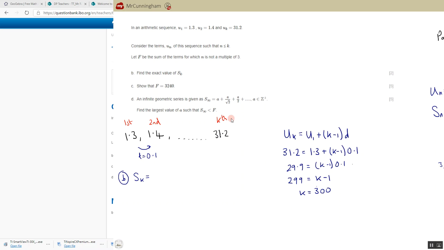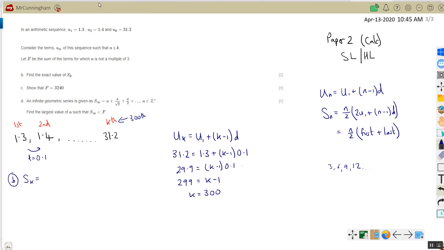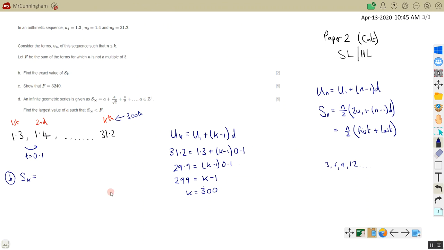So this is the 300th term, okay? First term, second term, 300th. So I'm going to sum up, back over. I want to use this formula now. 300 over 2, first term, 1.3, and I'm going to add on the last term, 31.2.